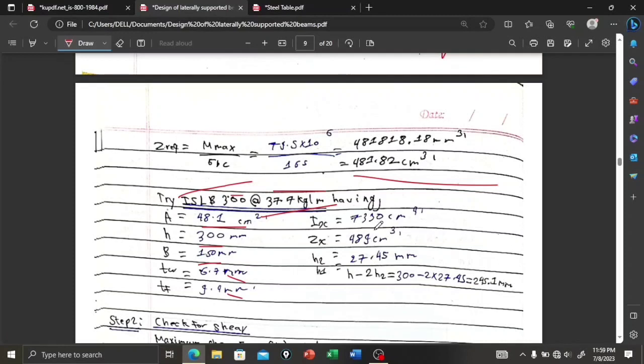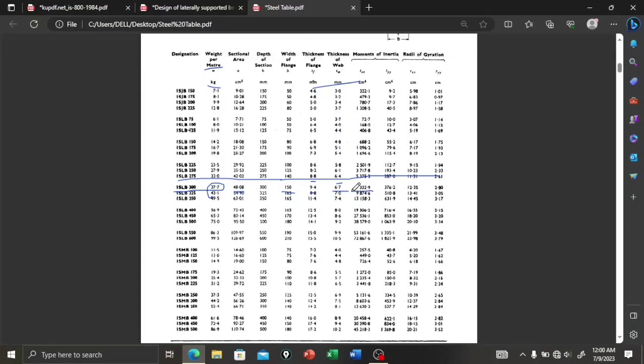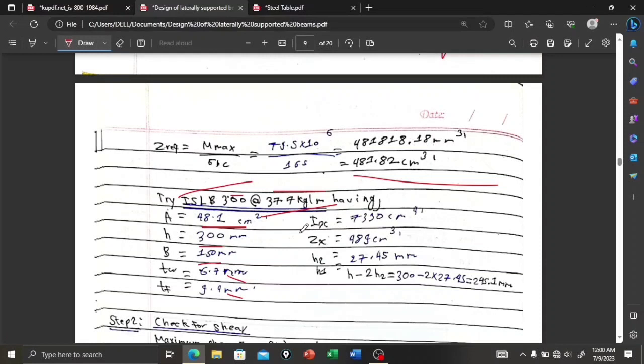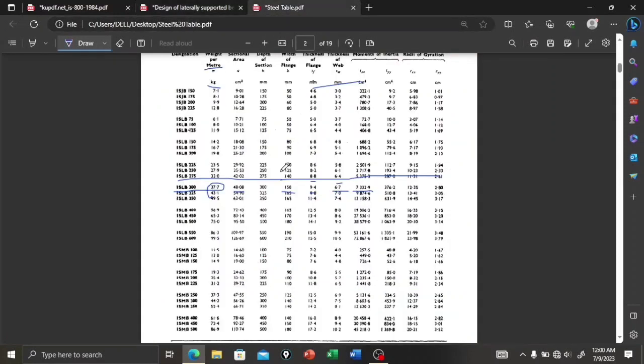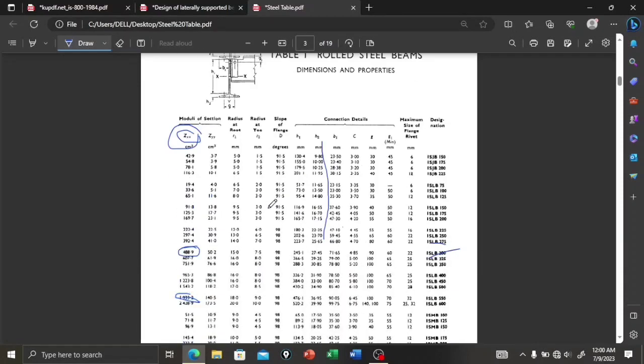IXX is 7330 centimeter 4. ZXX is 489.9, that is 489.